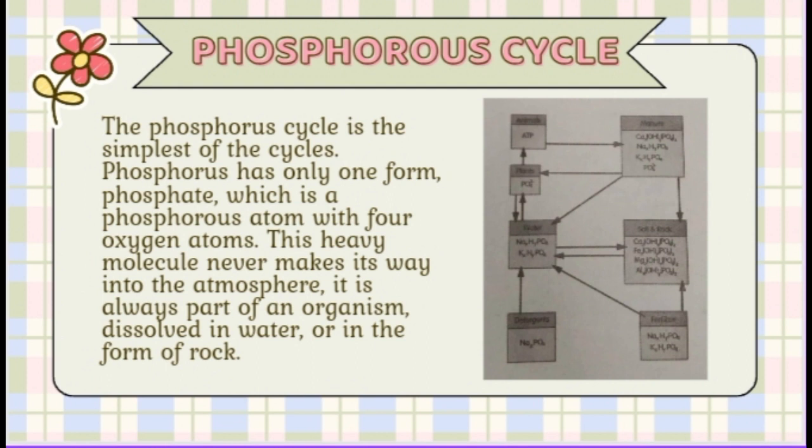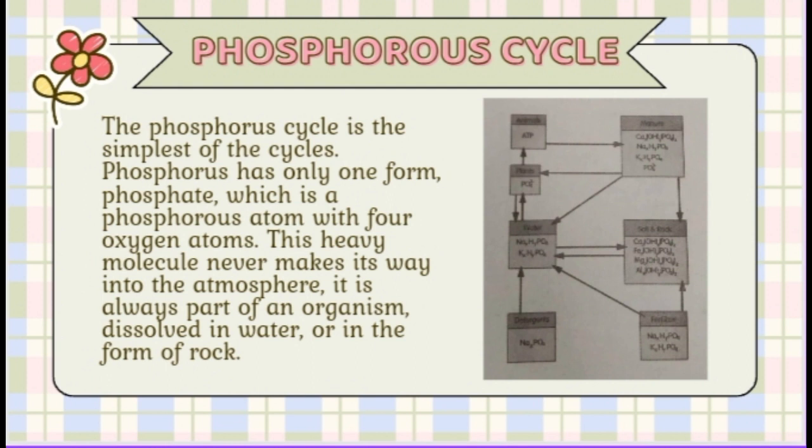It is always part of an organism, dissolved in water, or in the form of rock. When the rock with phosphate is exposed to water, the rock is weathered out and goes into solution. Autotrophs take this phosphorus up and use it in a variety of ways.